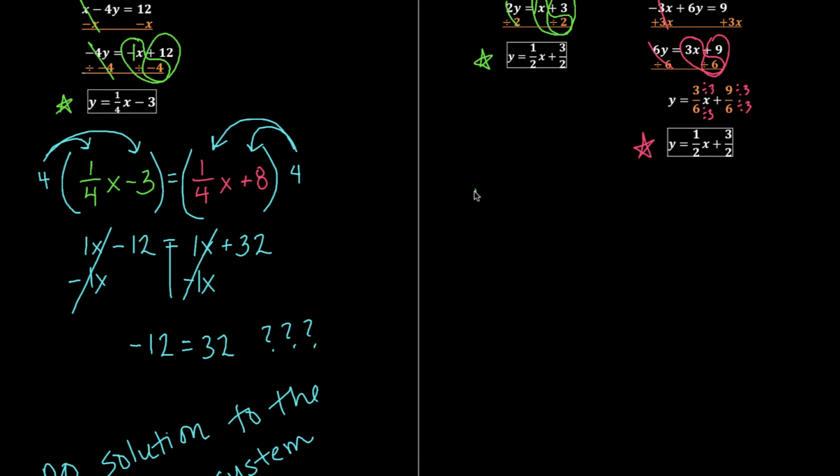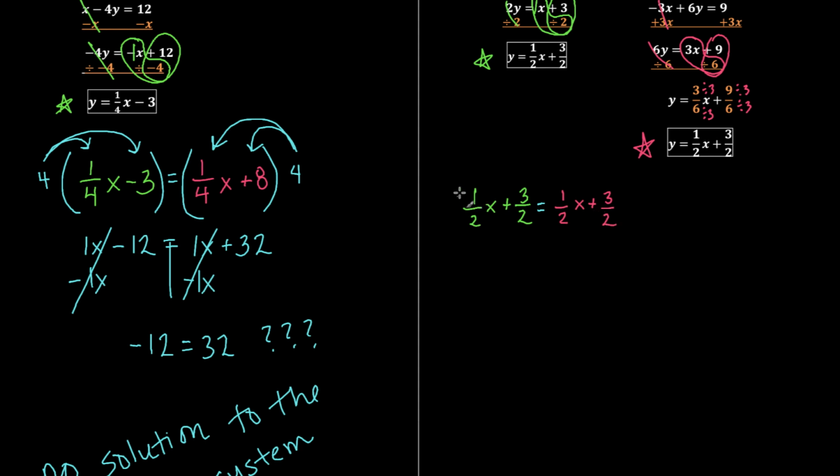So y equals 1/2 x plus 3/2, and we want to make that equal to 1/2 x, the same thing, plus 3/2. Let's see what happens when we do that.